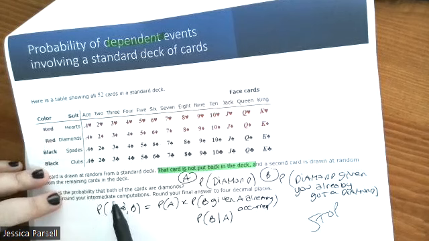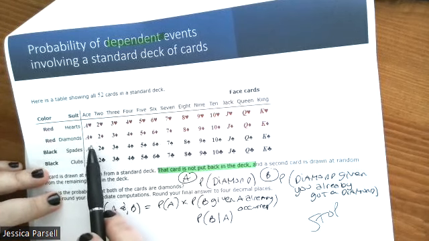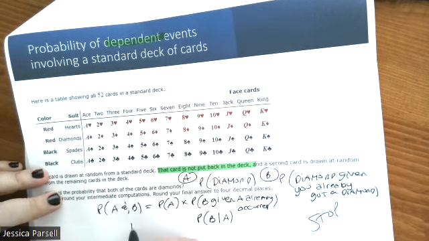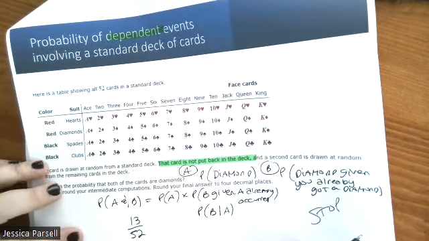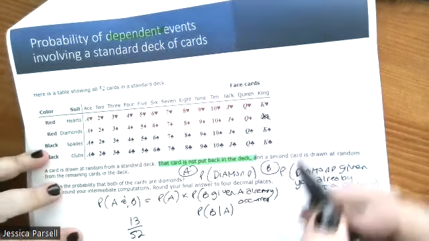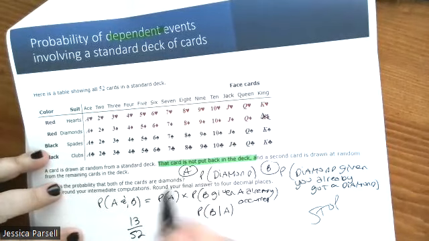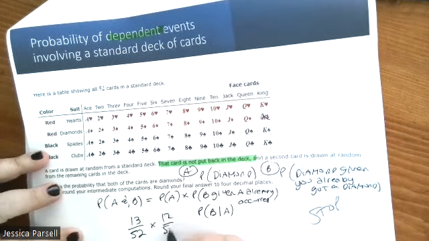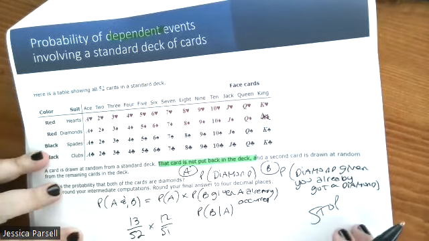Okay, probability that the card is a diamond on your first pull. Well, we know we have 13 diamonds out of 52. That's event A. But then pretend one of those diamonds gets taken out. Well, now you only have 12 diamonds out of, now instead of 52, there's only 51 cards sitting there.